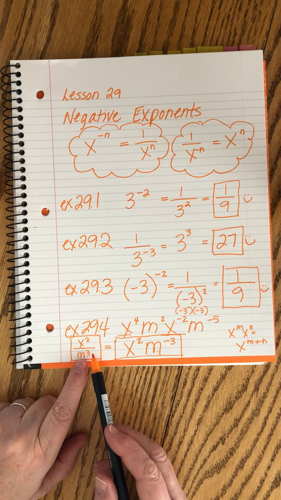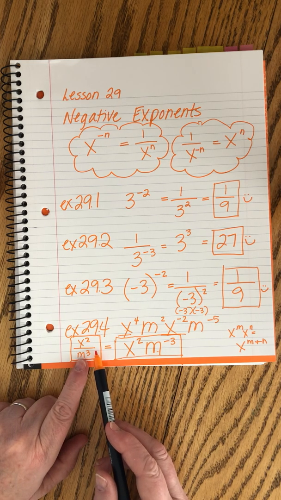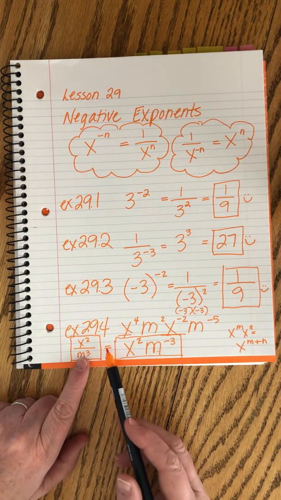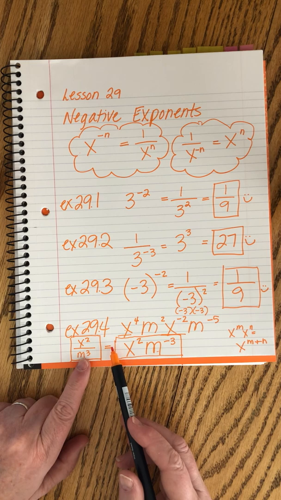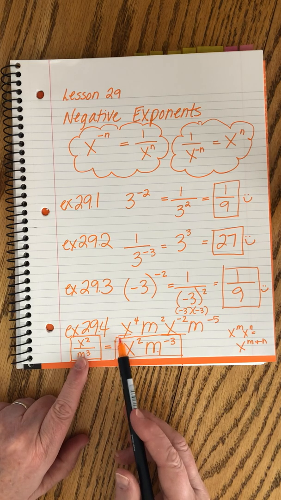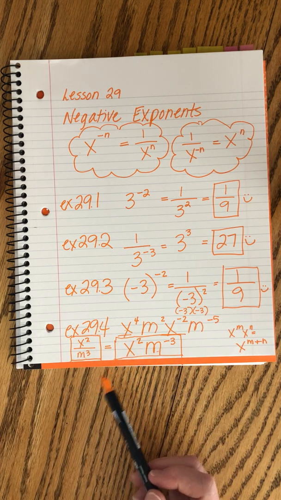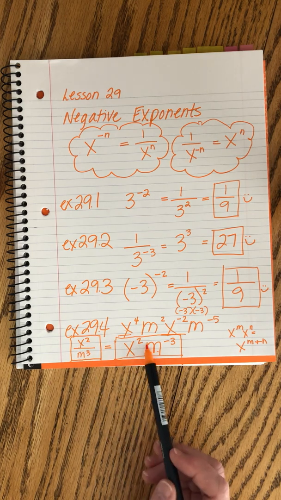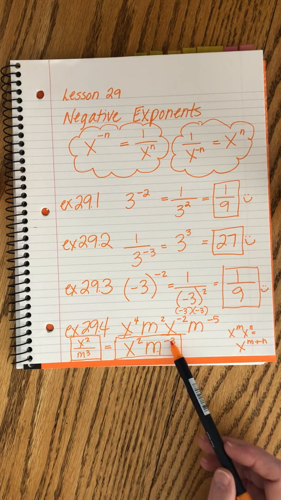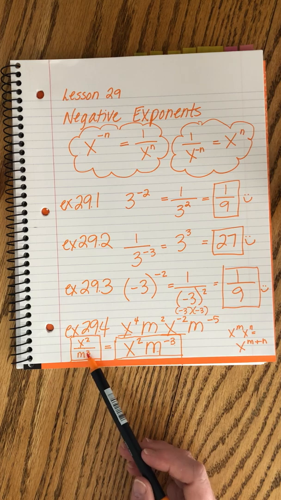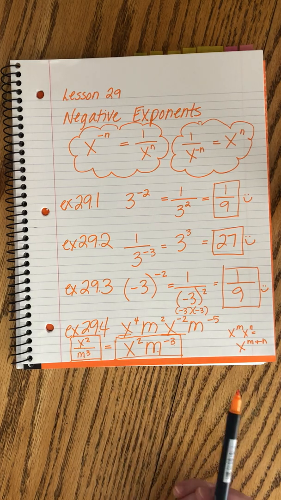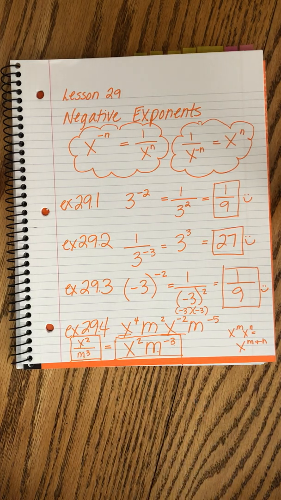Oftentimes the book will tell us, simplify with all exponents positive, or simplify with all exponents in the numerator. We'll talk more about that as we go, but each of these are equally desirable answers. This one just has a negative exponent, and in here we moved it down to the bottom. All right? So it's not right or wrong, it's just different.